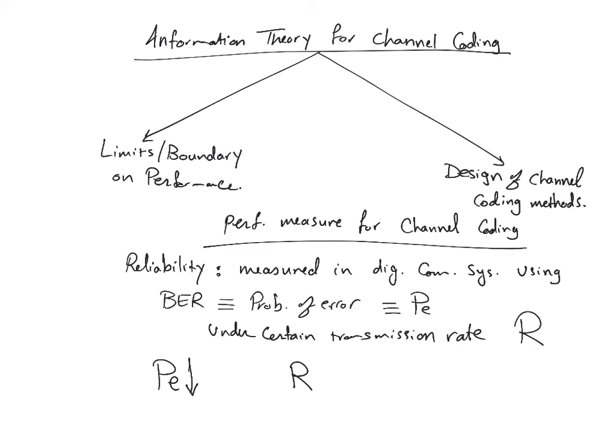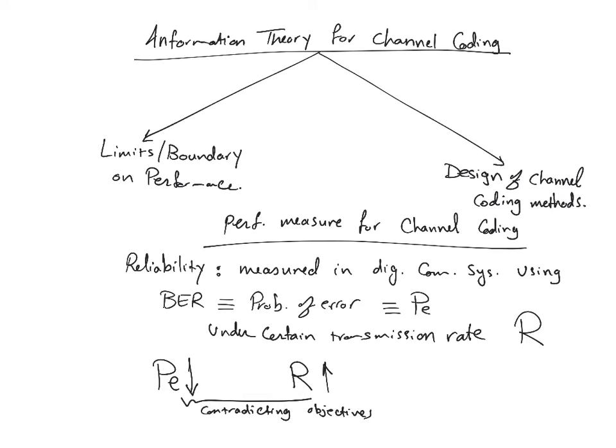That's the objective of any designer of a communication system, to be able to send as much rate as I can, send a lot of data in very short time, and also without any errors if I can. So the probability of error should go to approximately 0, right? But those two objectives of increasing the rate and decreasing the probability of error are contradicting objectives. So typically, you have to trade off between them. You have to sacrifice one to gain the other and vice versa.